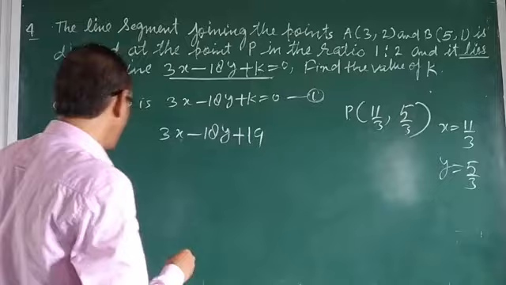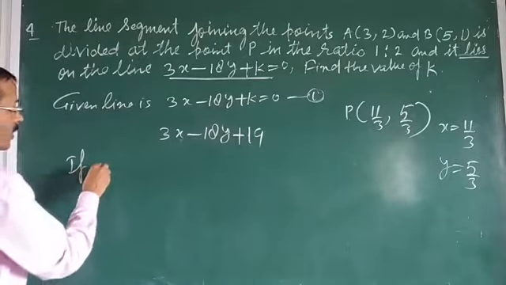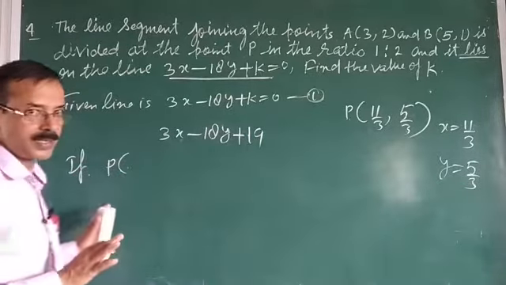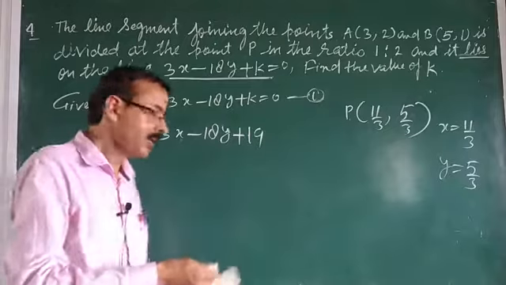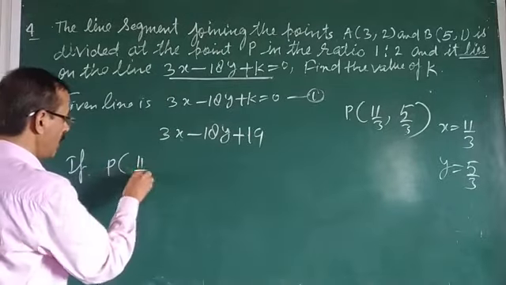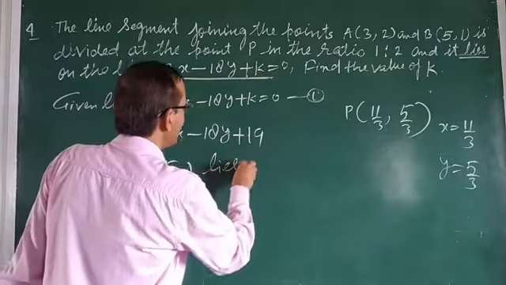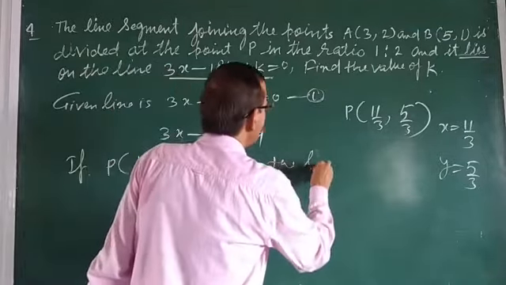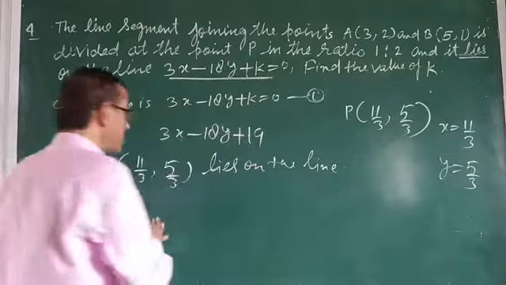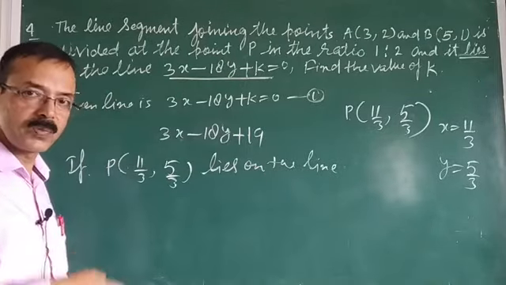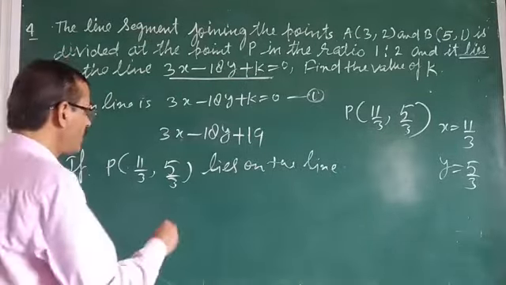In that case, we write that if P, 11 upon 3, 5 upon 3, lies on the given line, it should be satisfied. Let us prove equal to 0.